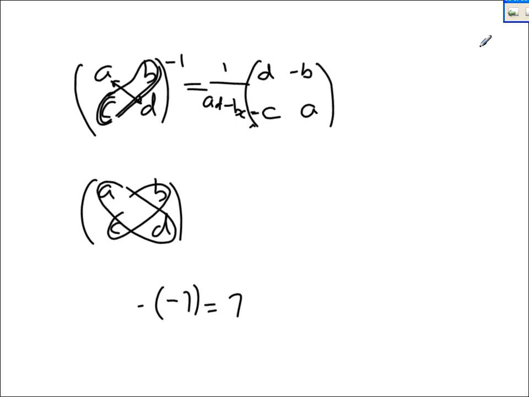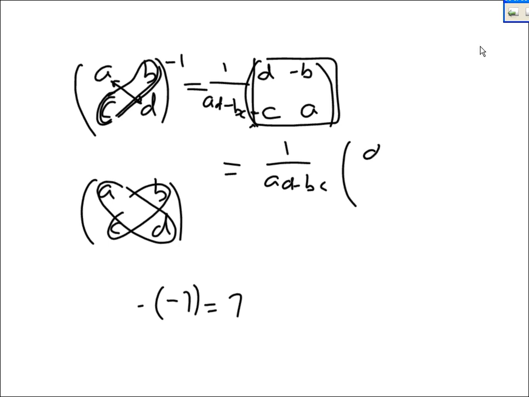Now, regardless of what A, B, C, and D are, this matrix always makes sense. But let me just write it down so we can see this a little bit clearer. You are scaling this matrix by 1 over AD minus BC. This number is not always well defined.